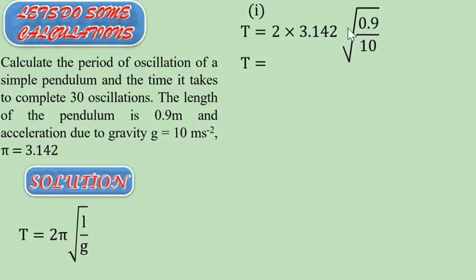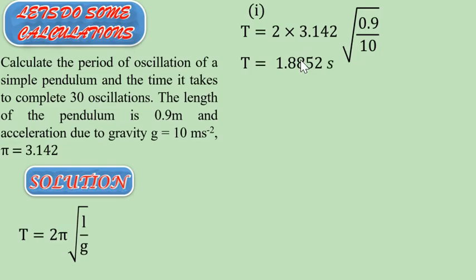Take the square root of that and multiply by 3.142 and also by 2. If you do that very well with your calculator, the answer you will get will be 1.8852. This is given correct to 5 significant figures. And then we attach the unit.